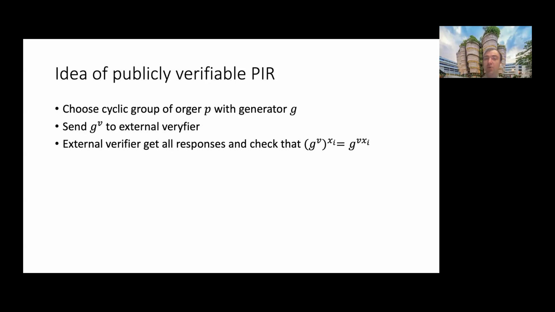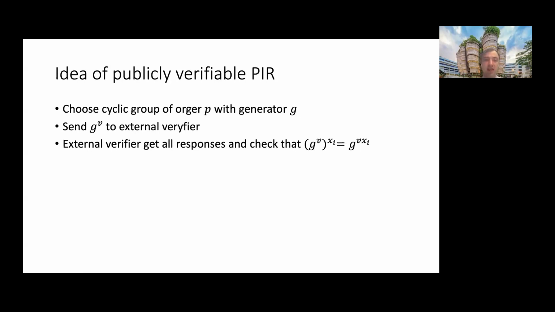So we want to outsource the process of verifying the correctness of private retrieval protocols, for example in case of disputes between the servers and the client. How can it be done? Here we have the following notion from cryptography called public verifiability.